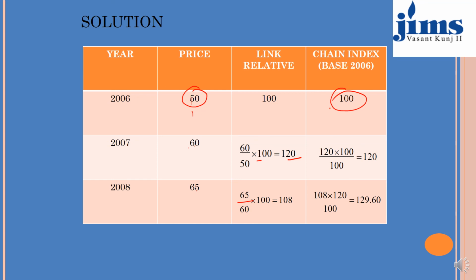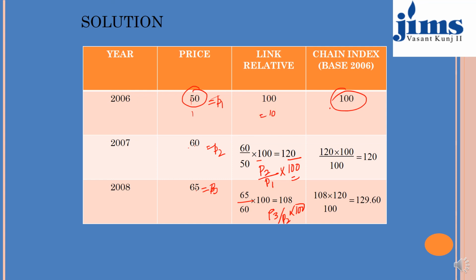If we consider these as P1, P2, P3, what we have done is P3 by P2 into 100, and P2 by P1 into 100, like that, and initially it is 100.